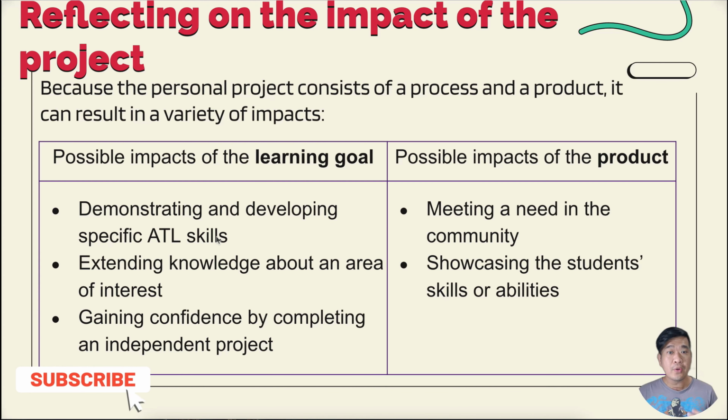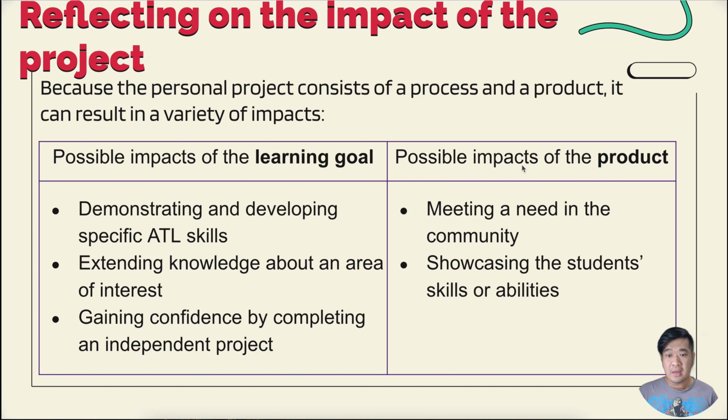How are you going to show your evidence for that? Extending knowledge: how your knowledge, your interest and your passion has grown and developed. Gaining confidence: you are more confident in this subject matter, and how are you able to showcase this?